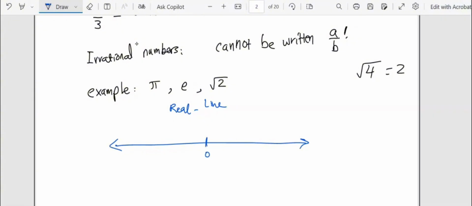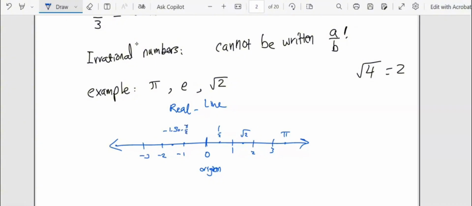If you have the origin at 0, then we have the integers, negative and positive ones, and we could have half here, one of the rationals, root 2 is falling here, pi there, 3 point something, and we have minus, for example, minus 1.5 or minus 3 over 2.